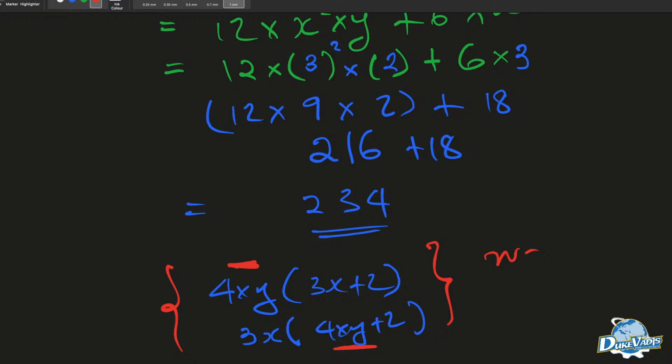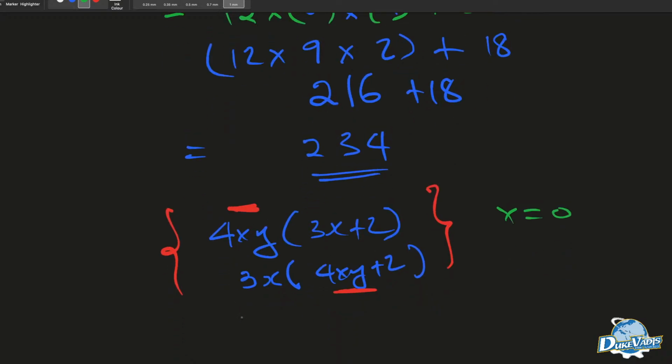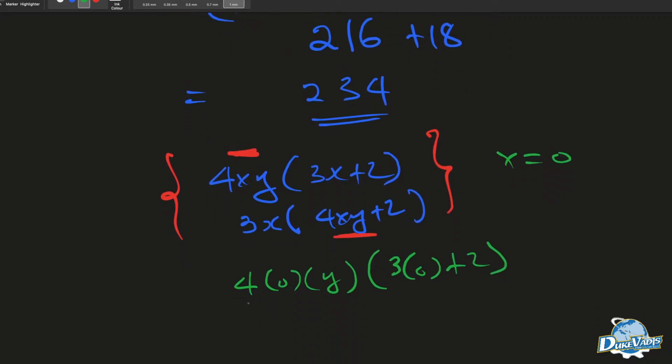So when x is 0, when we put 0 in the first equation, we're going to get 4 times 0 times y into bracket 3 times 0 plus 2. And all this will be nullified to be 0 because 4 times 0 times y is 0. So 0 into bracket, 3 times 0 is 0, so 0 plus 2. So when we multiply this, it is 0.